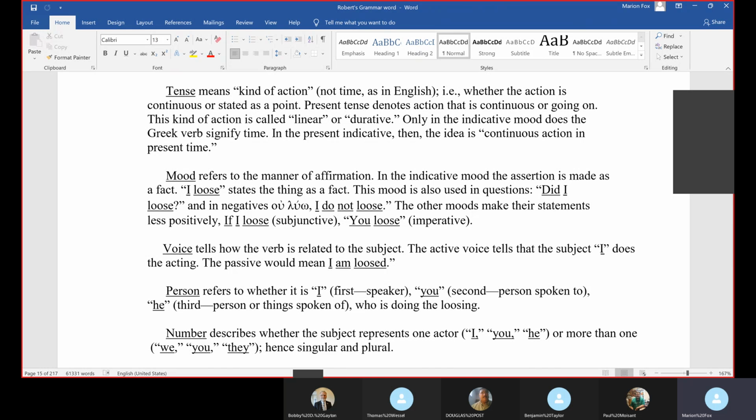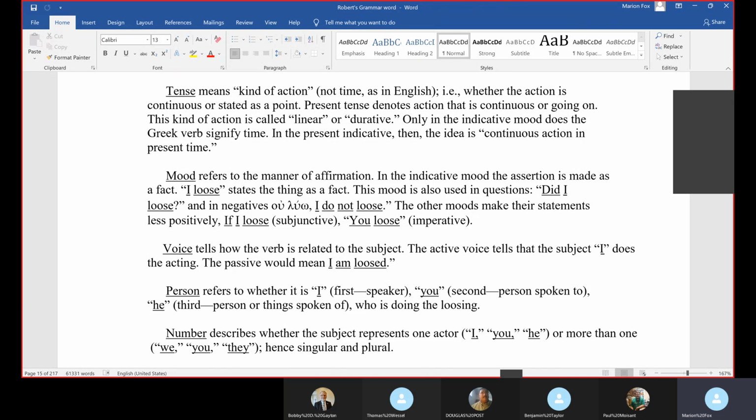The other moods make their statements less positively. If I lose, that would be subjunctive, or imperative, you lose, as a commandment for someone. You don't know whether they'll do it or not. We do have another mood called the optative mood. It's a wish, but he doesn't introduce that here. It's not found very often in the New Testament.